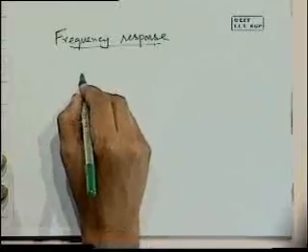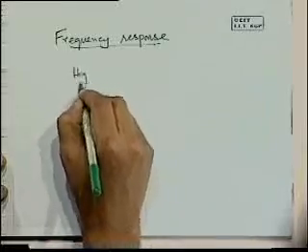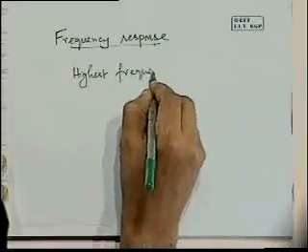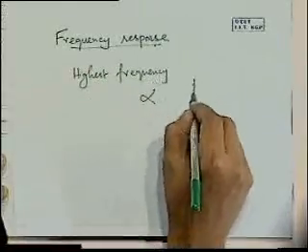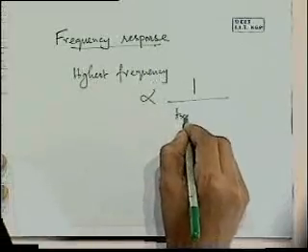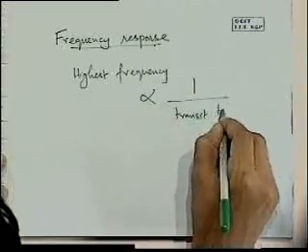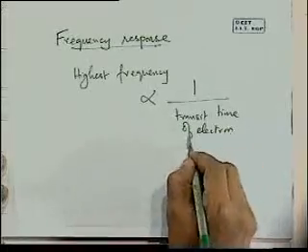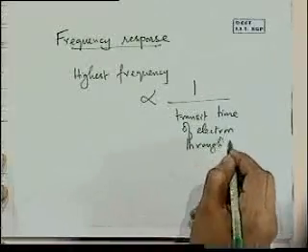And it turns out that the highest frequency at which we will get amplification is inversely proportional to the transit time of the electron through the base. That's the limiting factor.